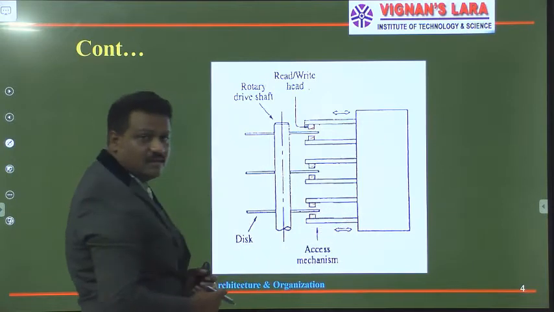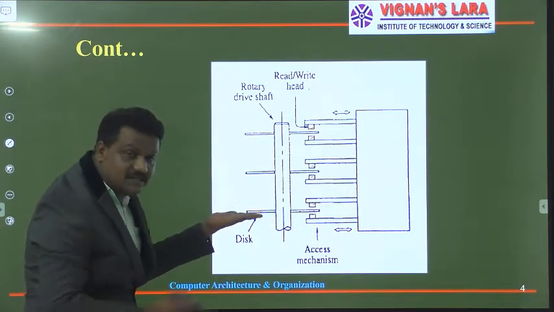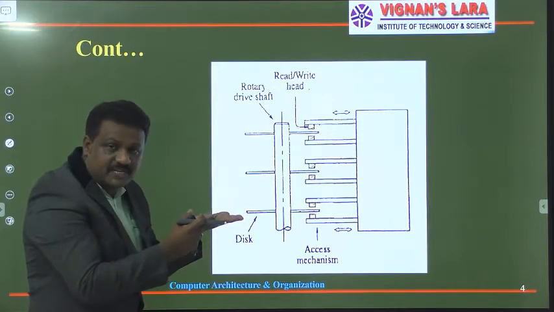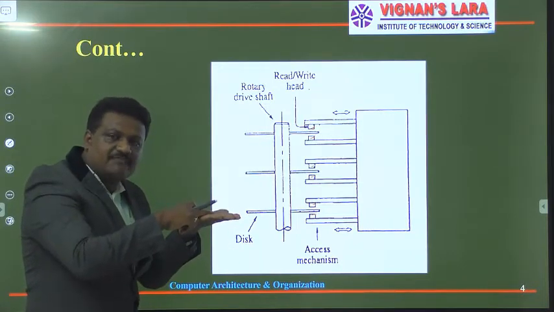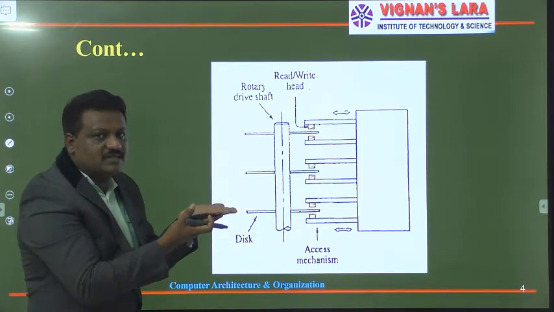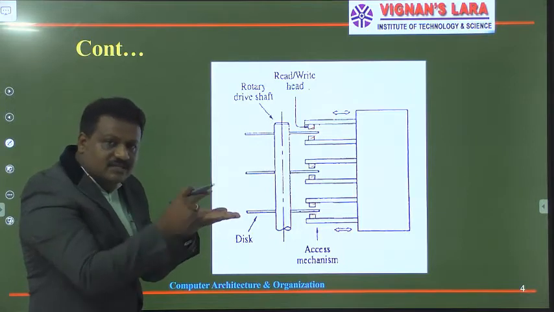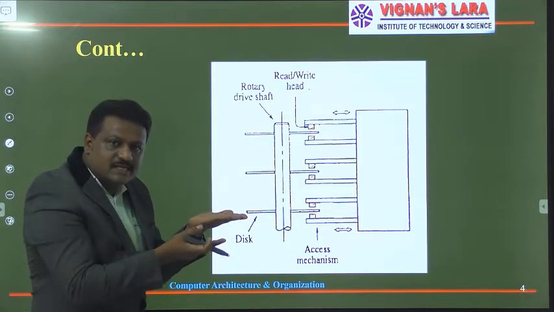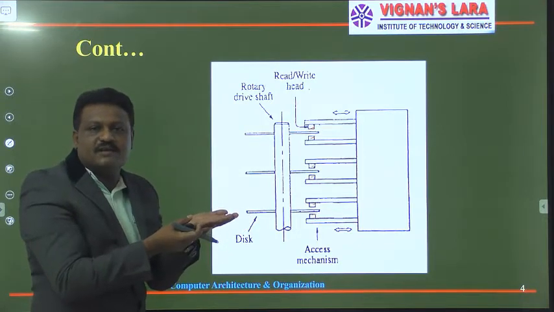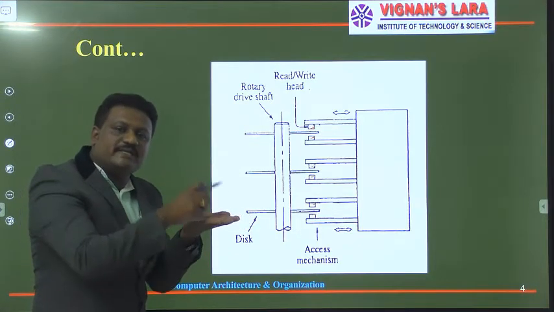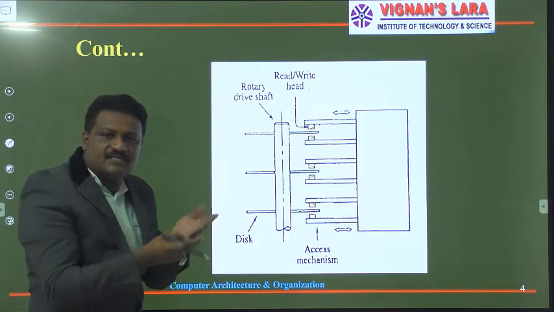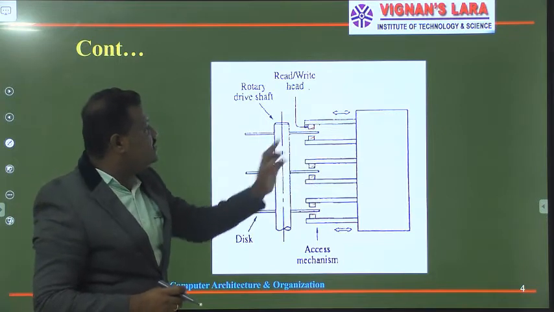If our disk is coated with a magnetizing material on both surfaces, that means on this surface we have a magnetizing coating, and on this surface also we have a magnetizing coating. Since the magnetizing coating is present on both sides, we can copy information on both sides of this disk. If I want to read or write something onto the surfaces of this magnetic disk, we take the help of these heads.